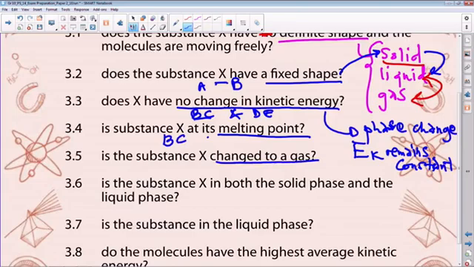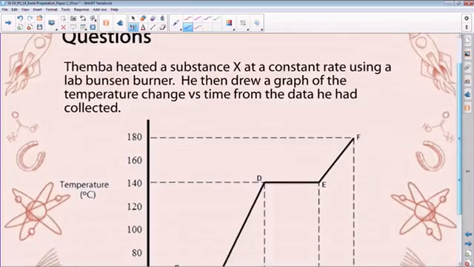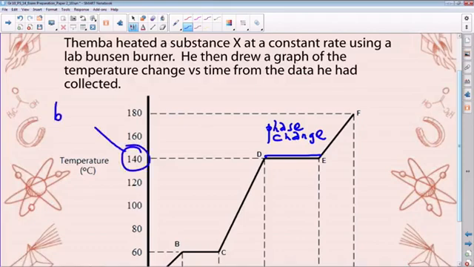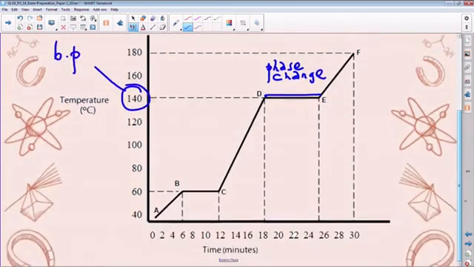So if the substance is changing to a gas, we are looking at between D and E. There's a phase change, because temperature remains constant. This is what we call evaporating, or the boiling point. That temperature is 140 degrees, so we call that the boiling point. And if we go down to the temperature of 60 degrees, we call it the melting point. So this is the temperature at which the actual phase change takes place.